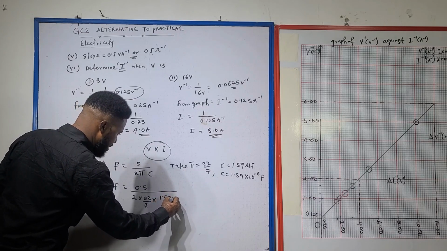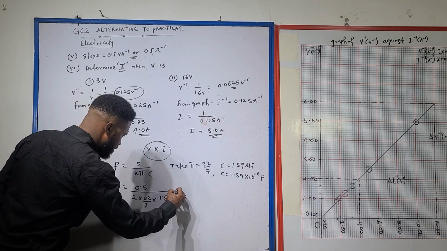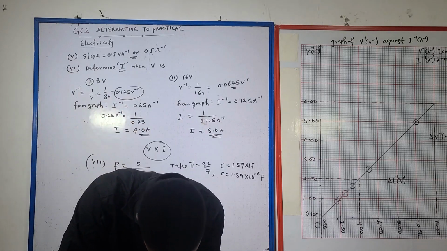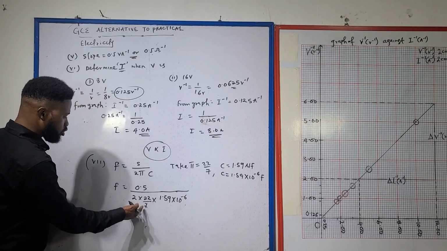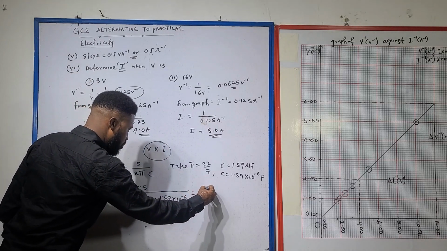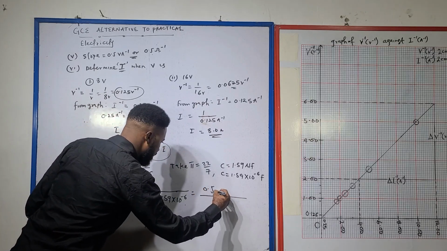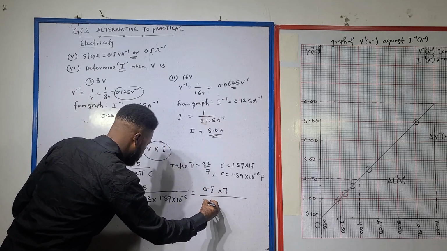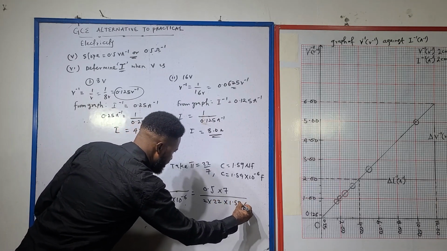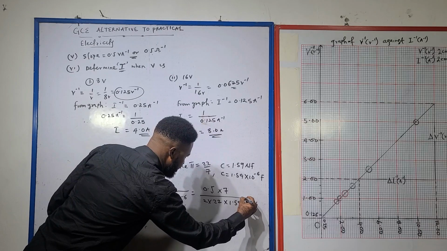I've been able to convert that from microfarad to farad. So this 7 is going to go up. So what I'm going to have is 0.5 times 7 divided by 2 times 22 times 1.59 times 10 raised to power minus 6.